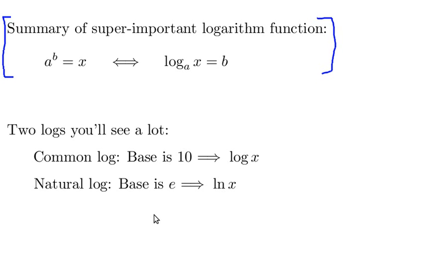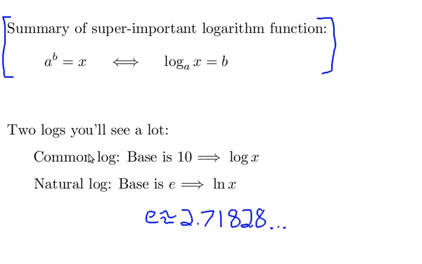Remember that e is approximately 2.71828, and there's dot dot dot because it's an irrational number. It can't be written as a ratio of two whole numbers.